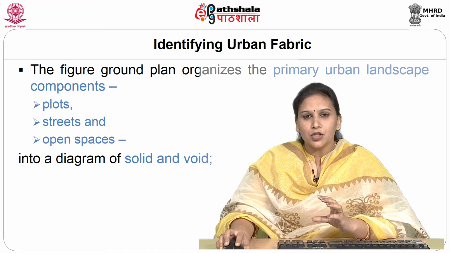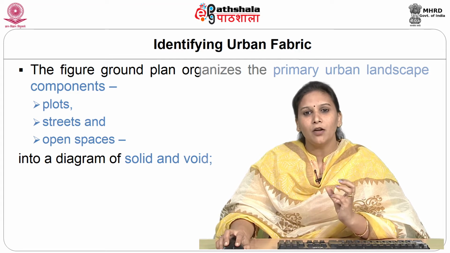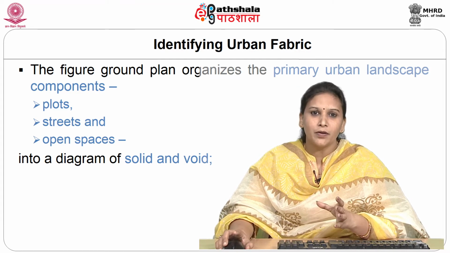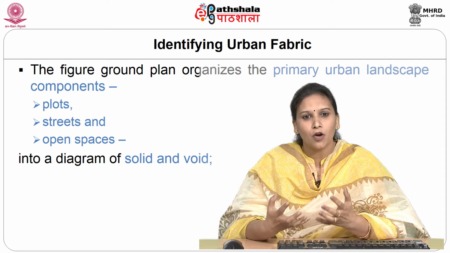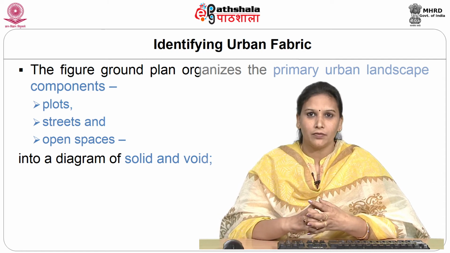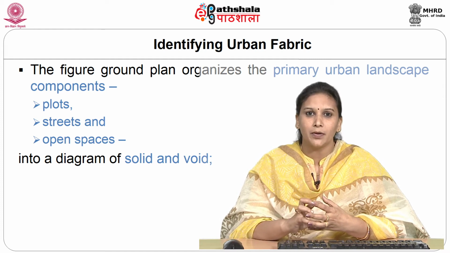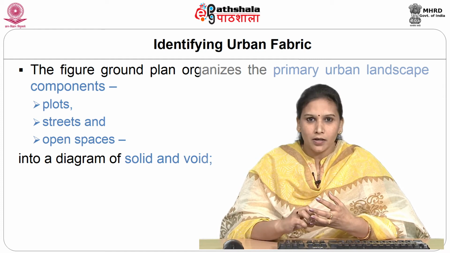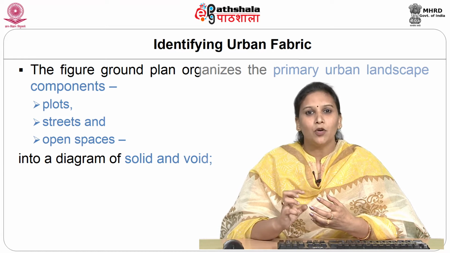Now, having understood what an urban fabric is, what are the main components that you will study and need to identify in an urban fabric? The main components in an urban fabric are the plots, the streets and the open spaces.